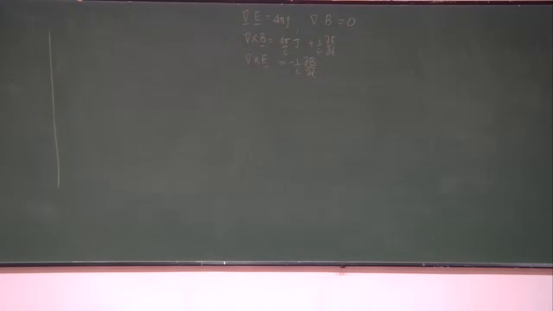So the two equations, del dot B equal to 0 and del cross E. Can you see? Actually I don't need to, I have not written it in the right order. Okay, I will write it again.